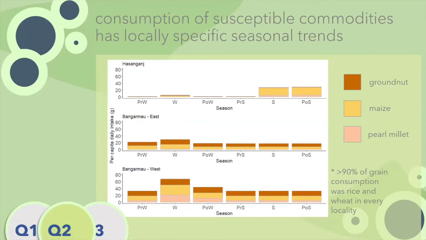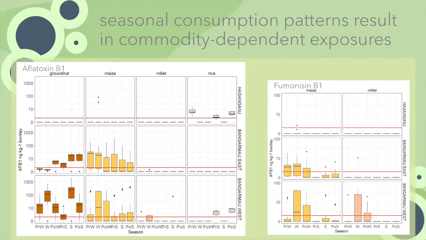And these seasonal dynamics in consumption really do track with what we're seeing in seasonal exposures to these toxins. Here I'm showing on the top Hasanganj and then Bangarmao East and Bangarmao West for each of these commodities: what is the aflatoxin B1 exposure dose attributable to each commodity at each season?